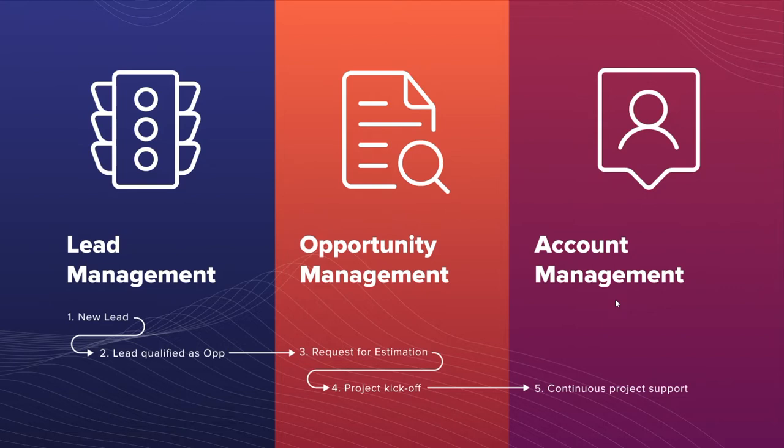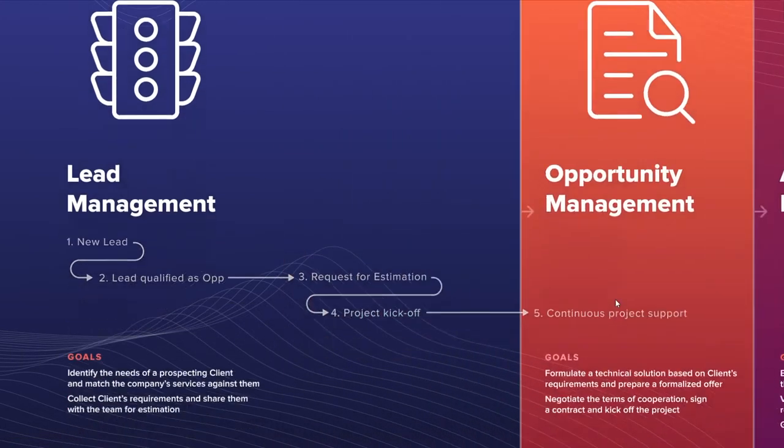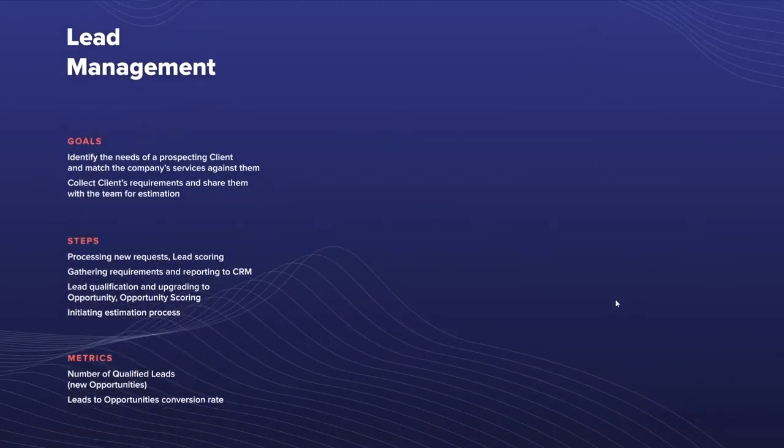And the final one is account management, which pertains to the post-sales process of continuous project and client support. In this context, every client is professionally called an account. So let's have a closer look at lead management.